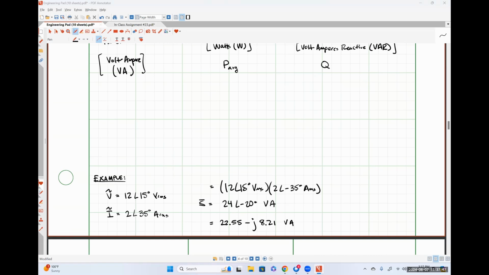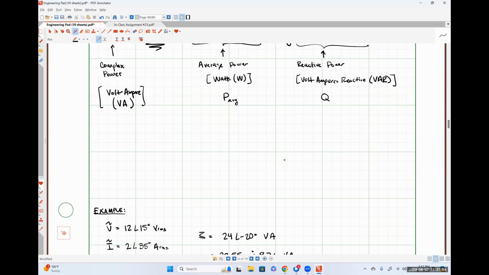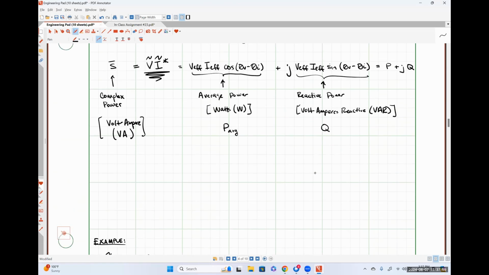No problem. All right. So circling back around, we have, let's say, some understanding of the rectangular form here. Now we're going to talk about the polar form, right? So in polar form, this operation would give us V effective times I effective with an angle of theta V minus theta I. Okay.